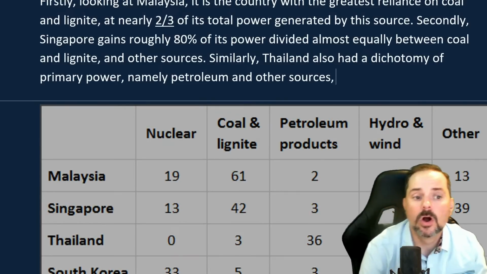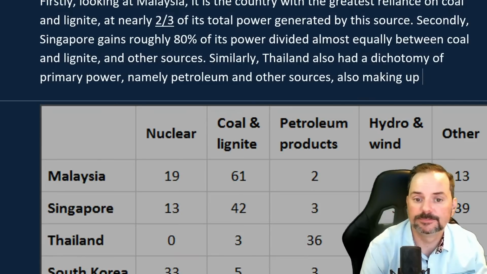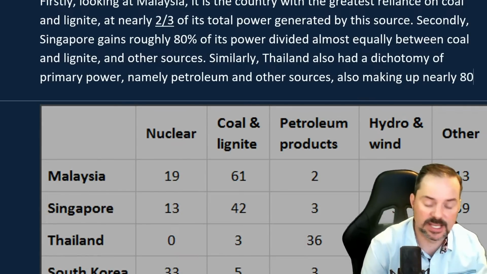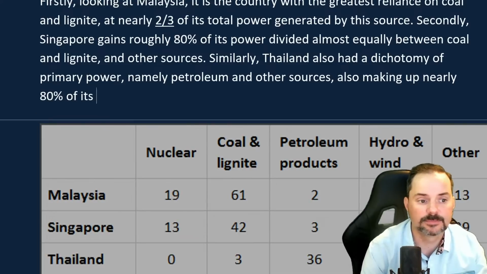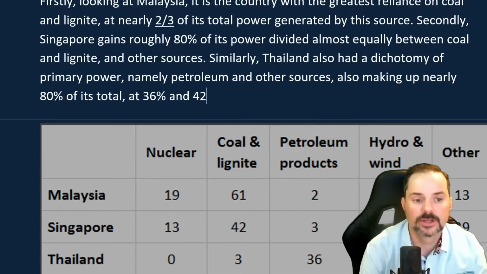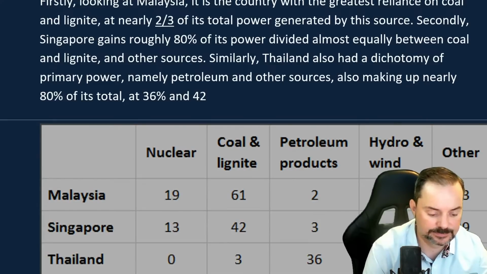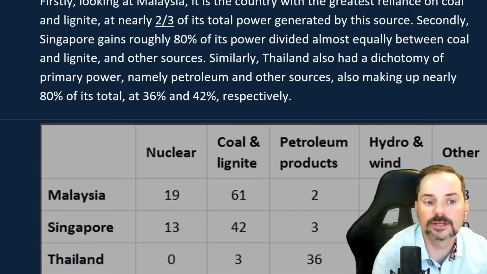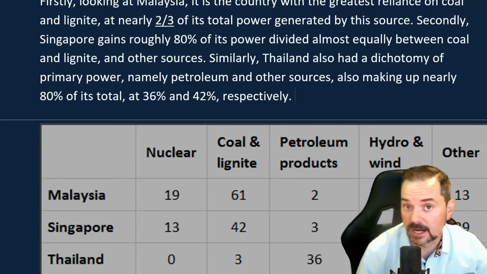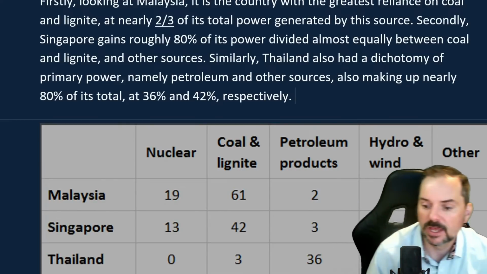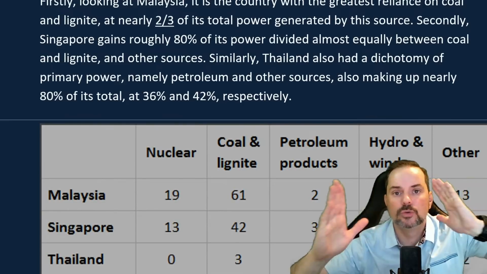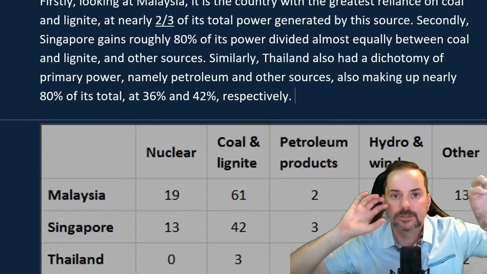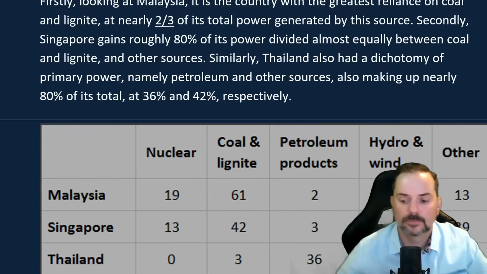Okay. Also making up nearly 80% of its total at 36% and 42% respectively. Meaning that 36% is the petroleum and 42% is the other sources. Okay? Dichotomy here, Arby, means two categories. Dichotomy, two categories. Okay?